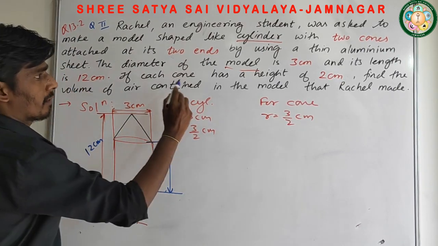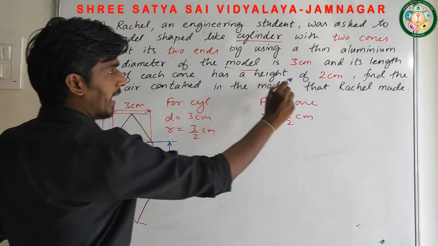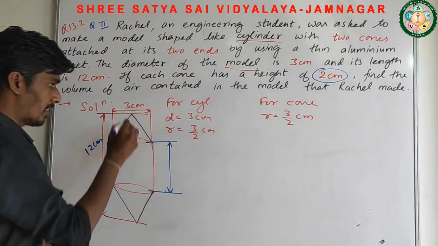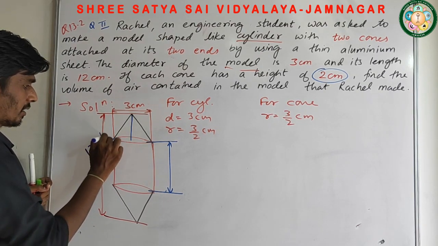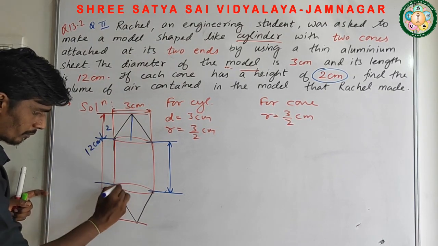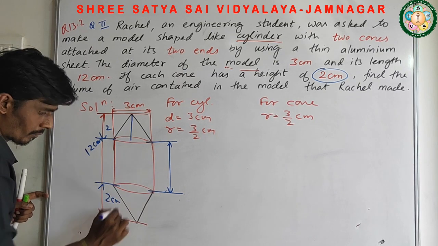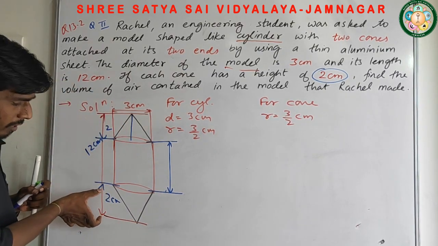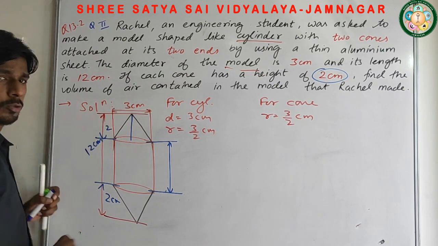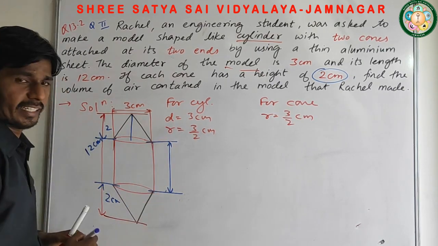Now, if each cone has a height of 2 centimeter, this height is 2 centimeter, and this is 2 centimeter. So out of this 12, the whole thing is 12, out of that this is 2 centimeter, this is 2 centimeter. Then what is the height of the cylinder?